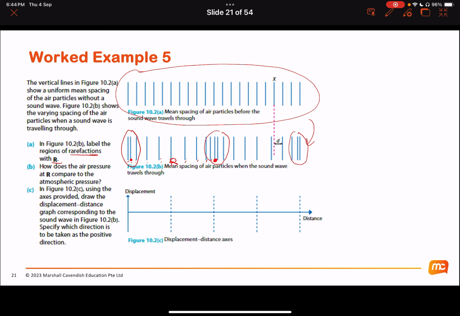And then between the other compressions, 1, 2, 3, 4, 5, 6, 7, 8, 9, so this one. Okay, so these are the rarefactions in the sound wave, again the middle of the two compressions.